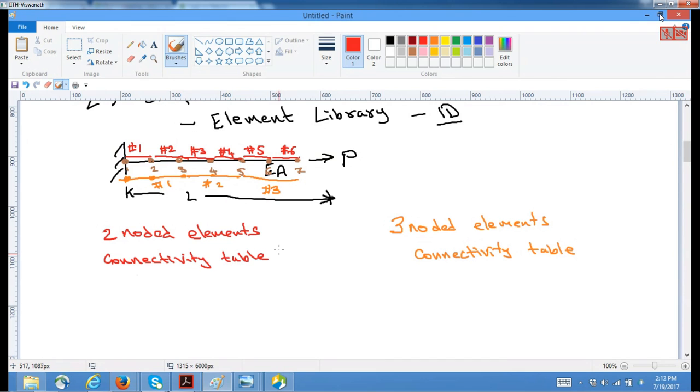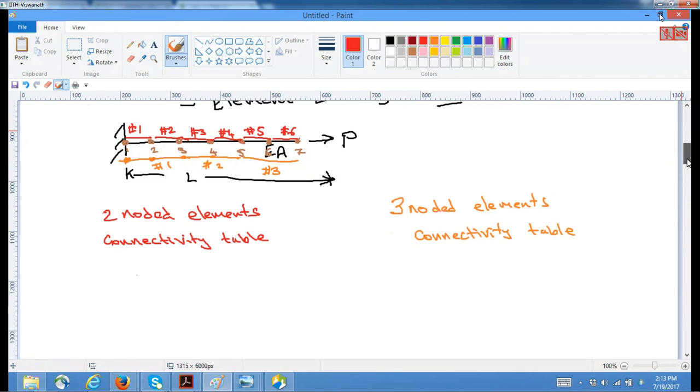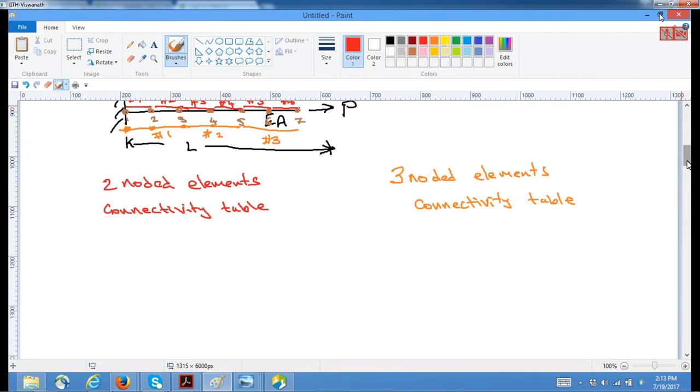The connectivity table is defined as a table that will define our elements, and an element is formed by arranging nodes, and the boundaries of these nodes would give you your entire element. So let us try to write a table here.